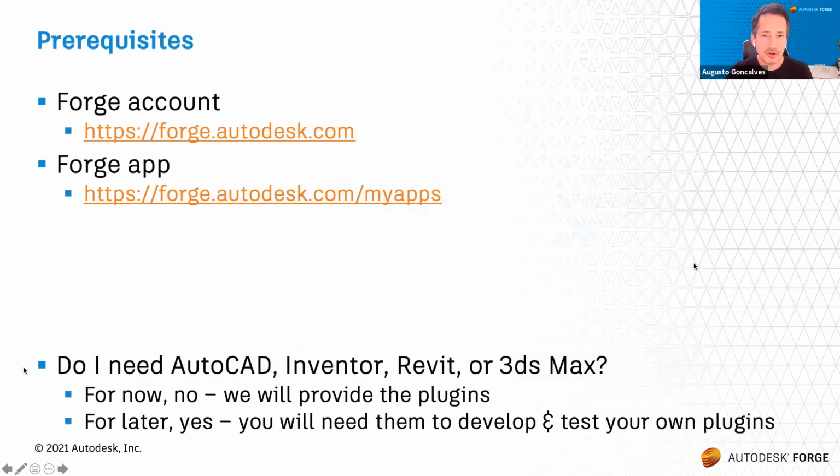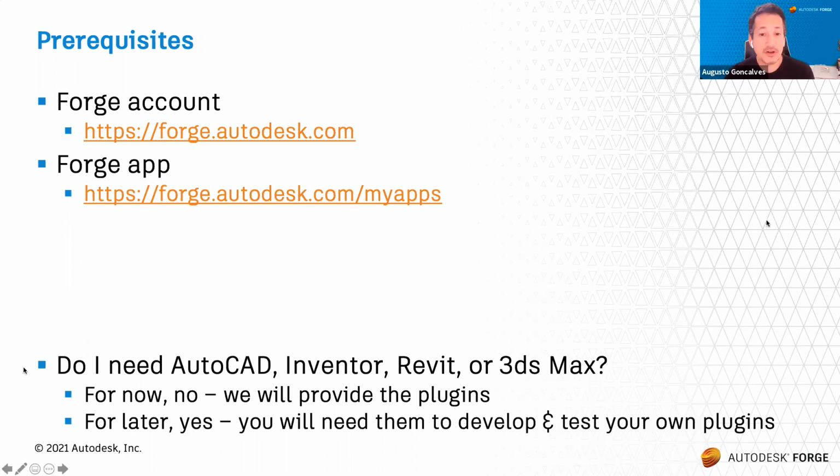So what do we need to create these design automation activities? We need a Forge account, we need a Forge app, and do we need AutoCAD and Revit and 3D Max? Well, we need them to actually create new code that's required. But for today, to make it simple, we're not going to create the plugins.